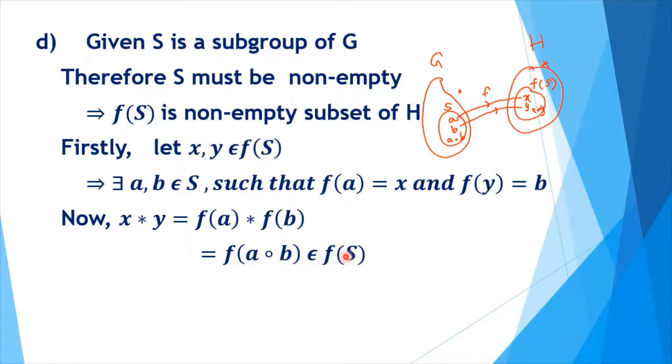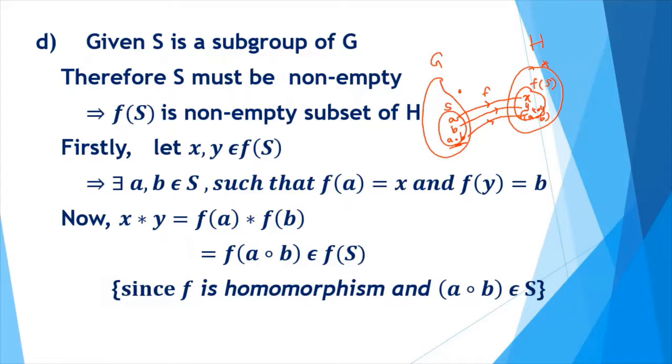because from this you can see that A dot B belongs to G, which implies f of A dot B belongs to f of S. A dot B belongs to S, so correspondingly f of A dot B belongs to f of S. The reason has been written here.